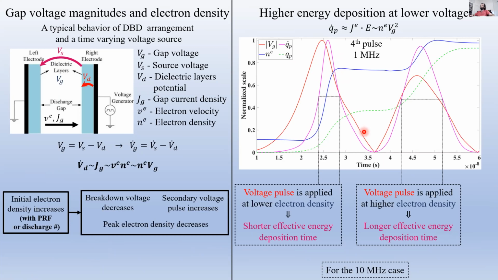But when we get to the secondary voltage pulse, which is lower in magnitude, we already have quite a lot of electrons because of the first breakdown pulse. So eventually we get a much wider coupled power pulse, which leads to higher energy deposition. This is the green here, the higher energy deposition during the lower voltage pulse.